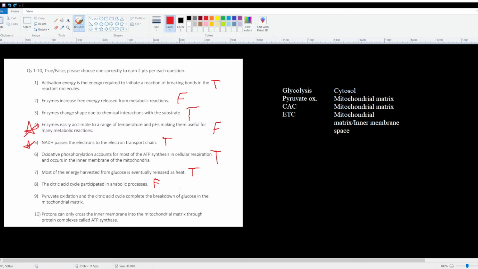We're not making anything new in the ETC. We're just using all the stuff that we made to make ATP. So I would say the breakdown of glucose ends in the citric acid cycle. We just went over all the locations of these processes, so I would say the answer is true.